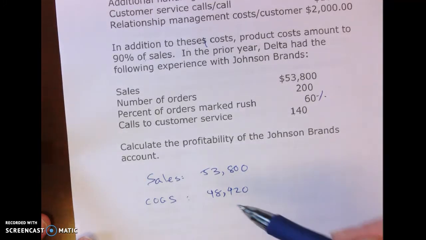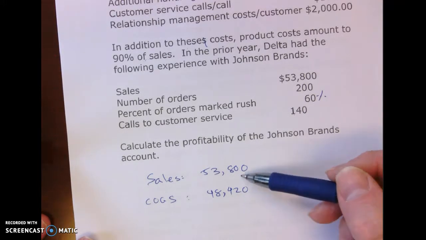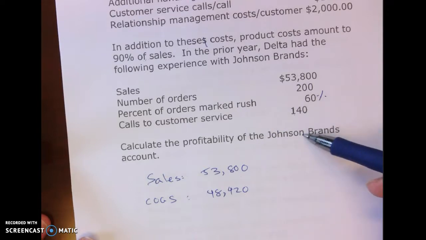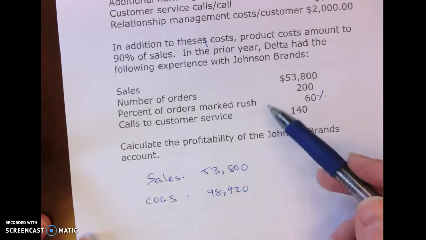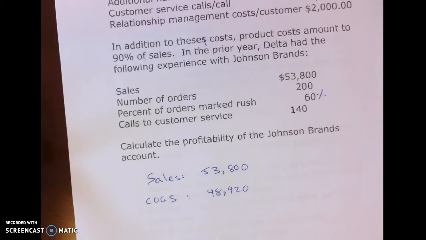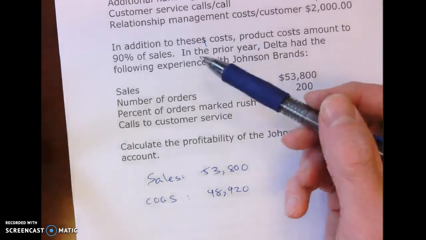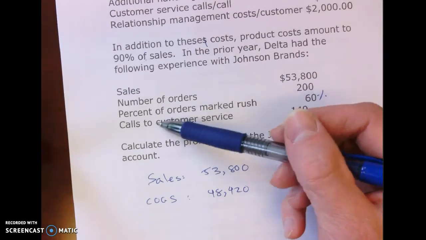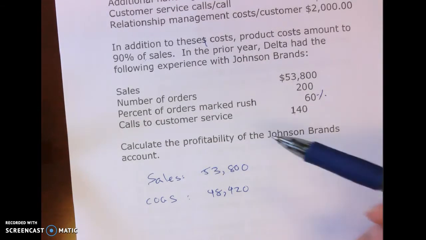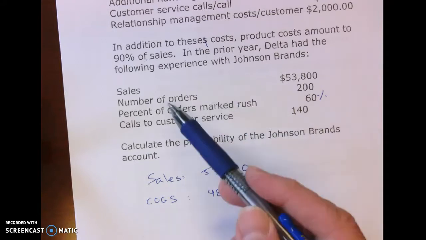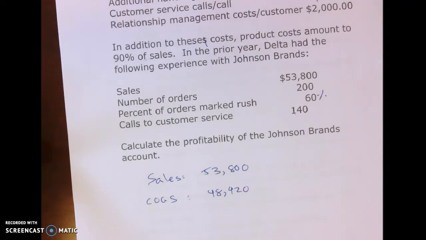And at that point, a lot of companies might just say, okay, it appears that Johnson Brands is a profitable account, because you can see our sales is higher than our product cost for dealing with Johnson Brands. So we would conclude, okay, they're profitable. But the problem with that logic is that we haven't pushed these indirect costs down to the level of Johnson Brands to figure out whether they're really profitable after we push these indirect costs down.